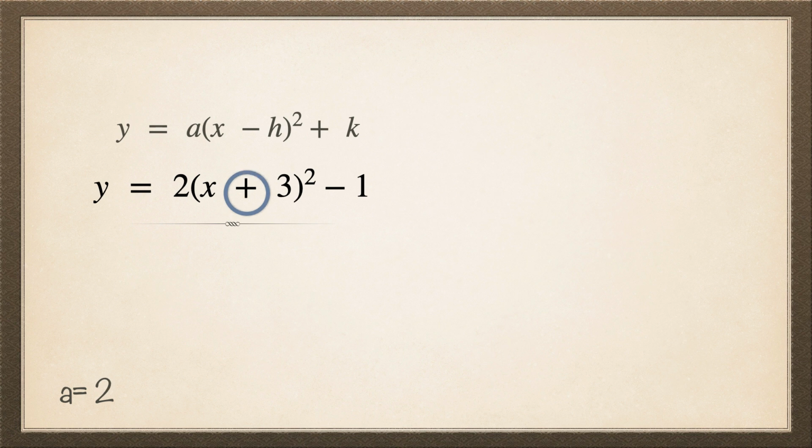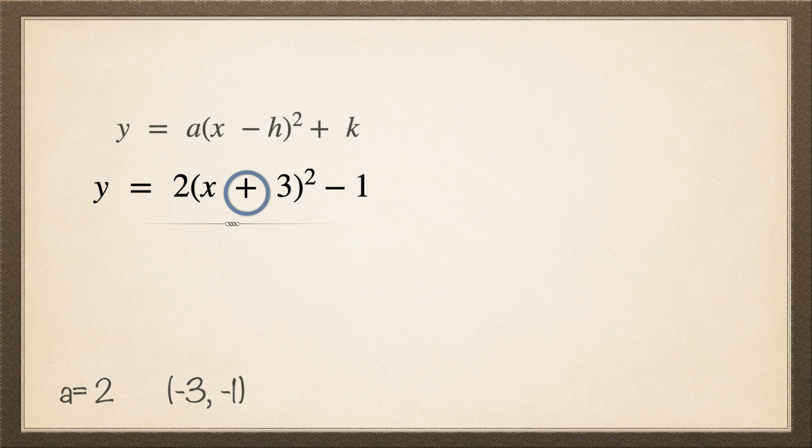It's a plus sign, but in my equation, I noticed that H has a minus sign in front of it. So that means that my vertex is actually -3, -1.